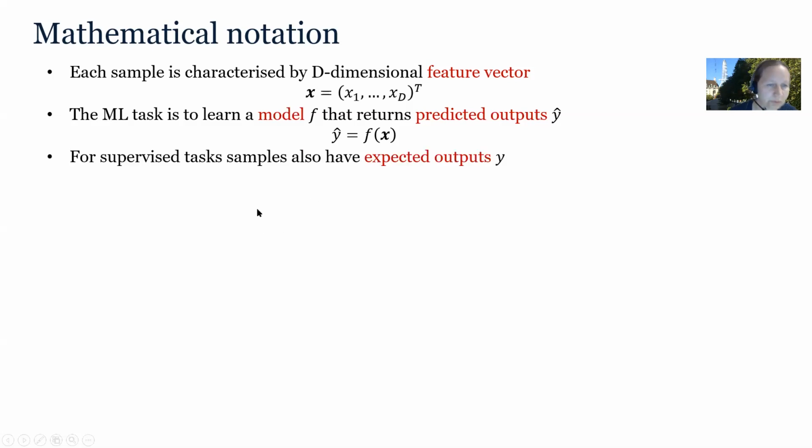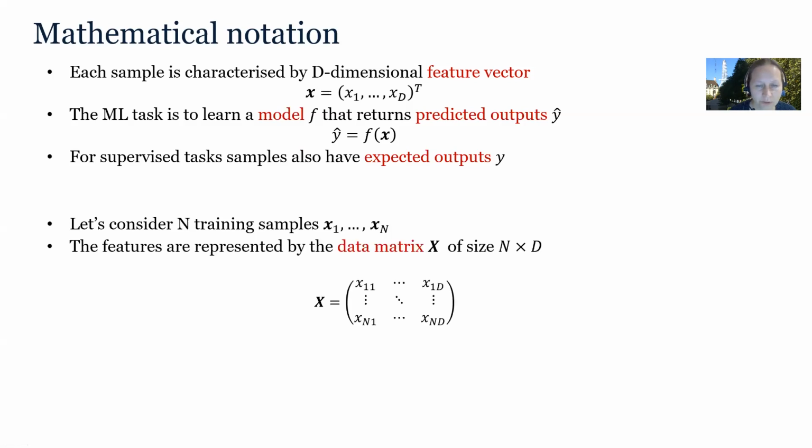And of course, for supervised tasks, the samples also have expected outputs that we denote by y. So let's say that we have n training samples and we denote them with bold x, with an index that goes from 1 to n, the number of samples. And then all the features for all the samples can be represented by a data matrix, capital bold X, and this matrix has a size n times d.